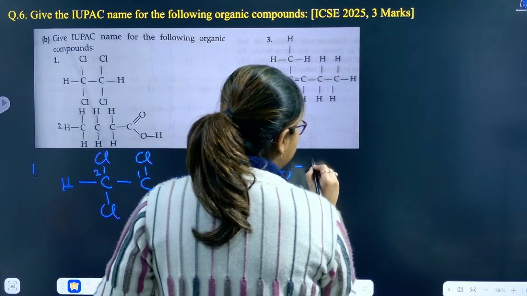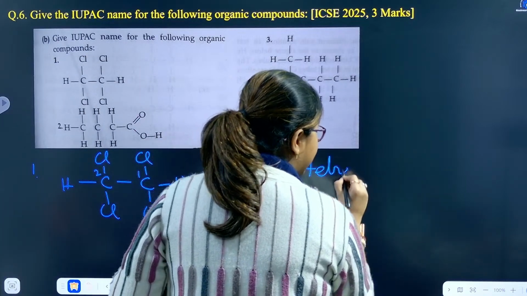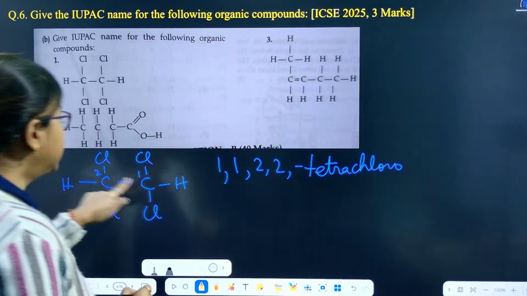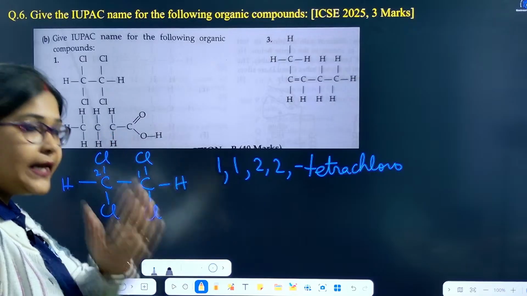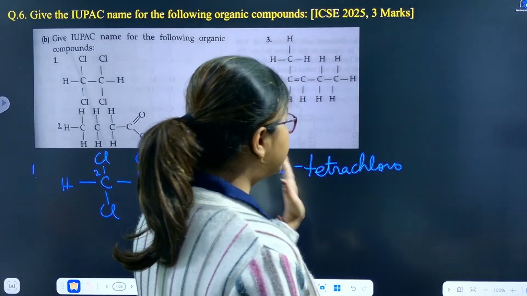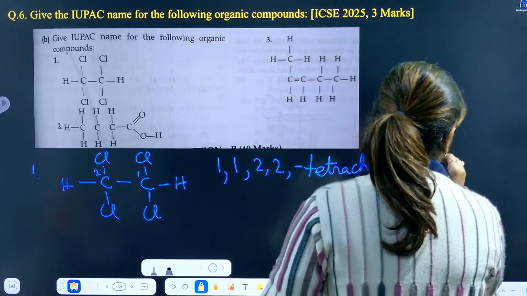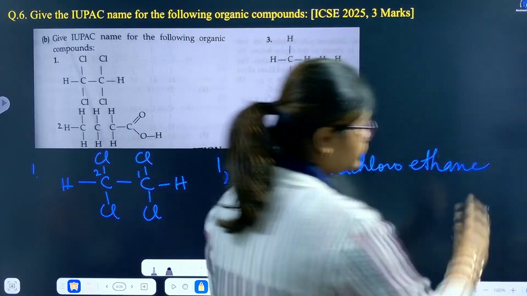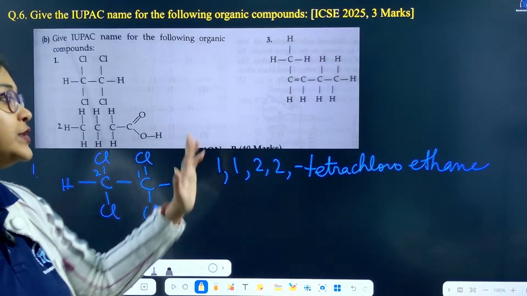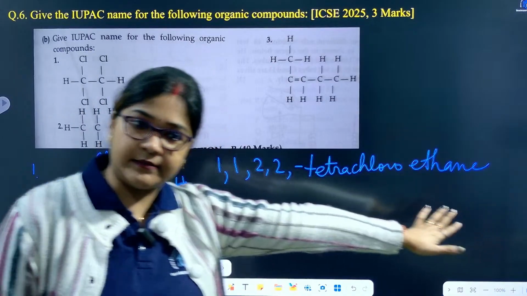And this will be 4, tetrachloro. How many carbon? 2 carbons. So eth, and it is all single bond. So 1, 1, 2, 2 tetrachloroethane. Understood? 1, 1, 2, 2 tetrachloroethane. Clear?